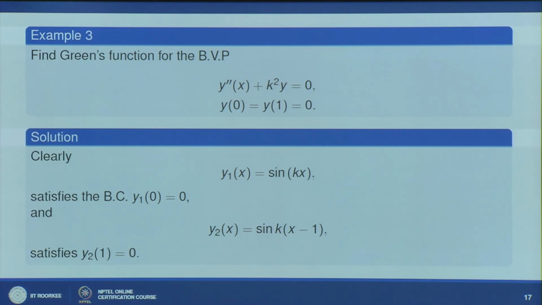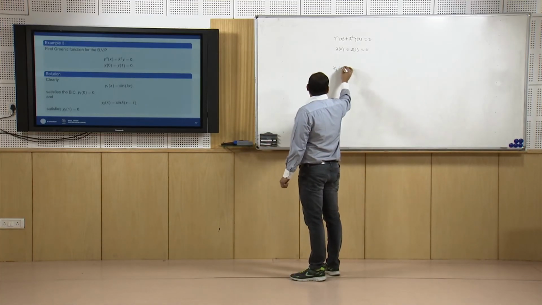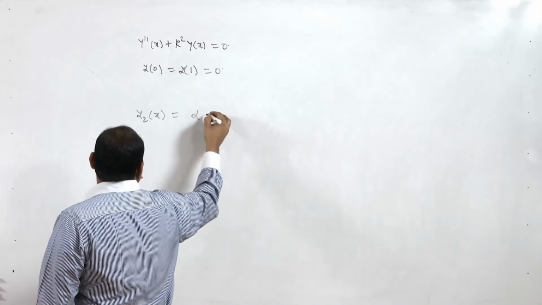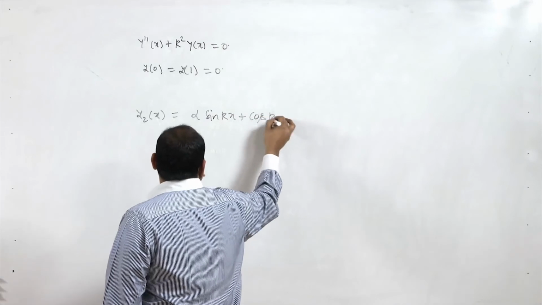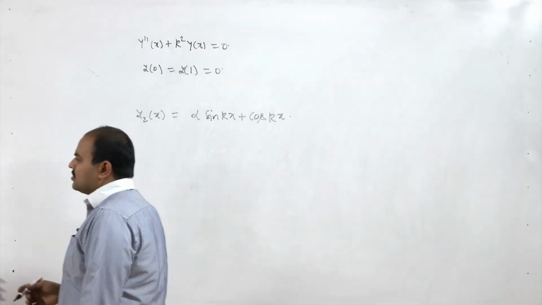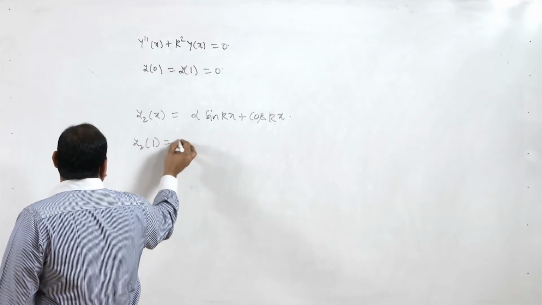You can take any linear combination of sin(kx) and cos(kx), and ultimately you will get the same thing. You may choose y2(x) as alpha sin(kx) plus beta cos(kx), such that y2(1) = 0.